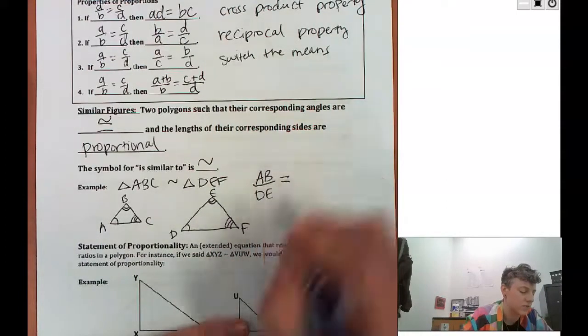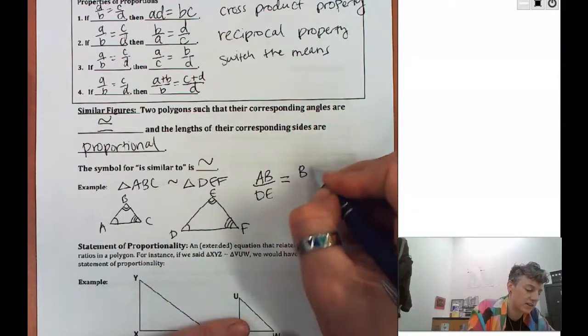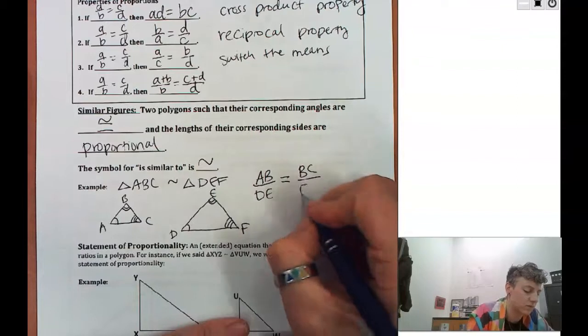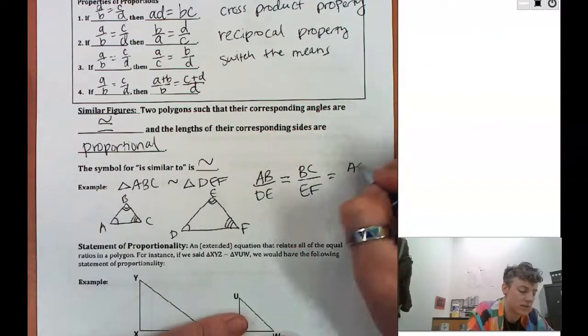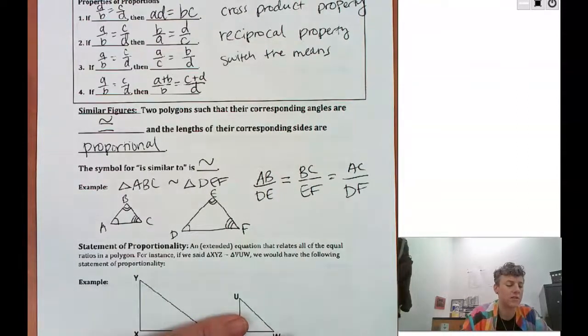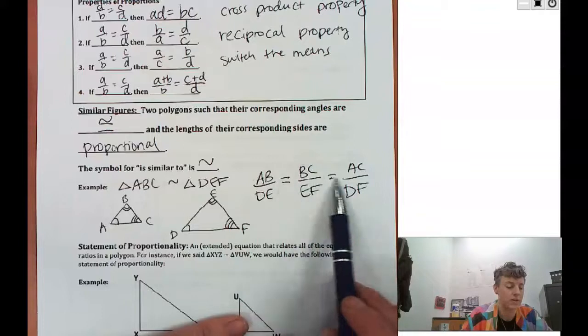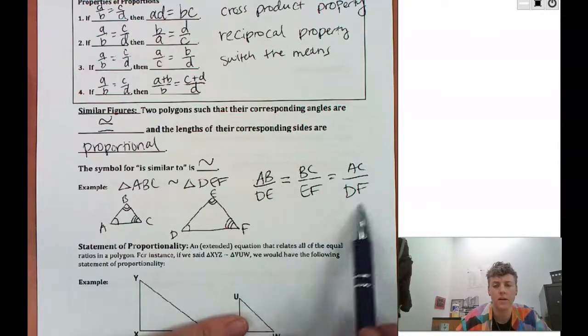That's going to be equal to BC over its corresponding side EF, which will be equal to AC over its corresponding side DF. So notice all the sides related to triangle ABC are on the top. All the sides related to triangle DEF are on the bottom. Great.